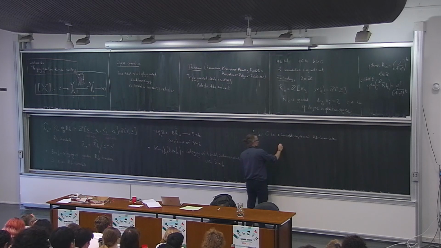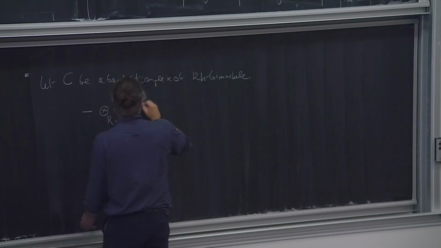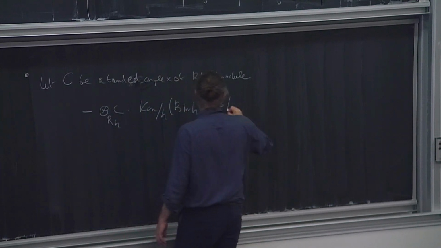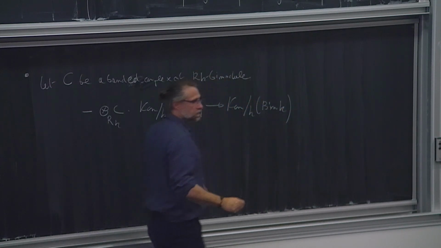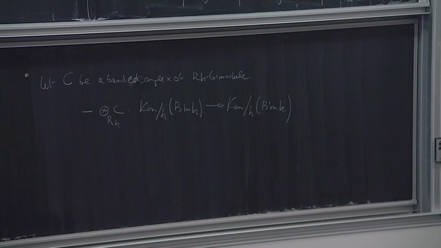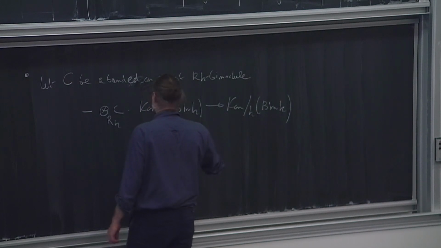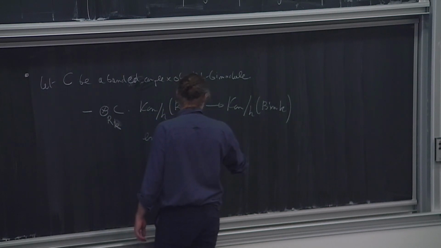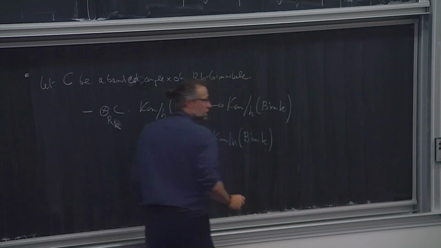Then as before, I'm just saying tensoring with this chain complex over RK goes from the homotopy category of BMK into the homotopy category over BMK. So tensoring with this complex of bimodules is another functor. And again, you tensor over RK, as another functor of the homotopy category of RK bimodules.